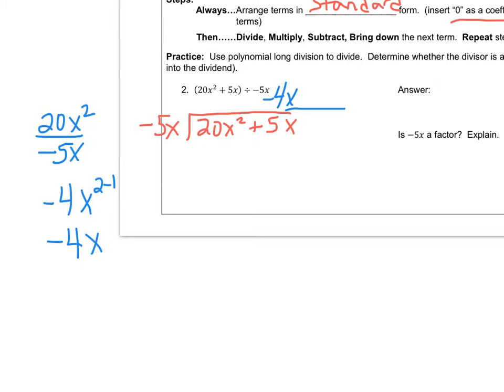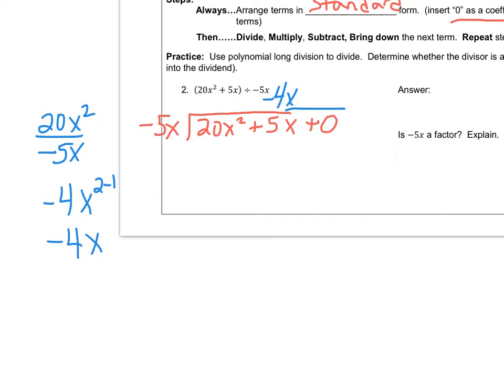Now, I didn't even listen to my own advice. I've got to put this in standard form, so I need to have plus 0 because I didn't have a constant term here. So, got that corrected. Now, we've got our negative 4x up on top. Our next step is always to multiply. So we're going to multiply negative 4x times negative 5x.